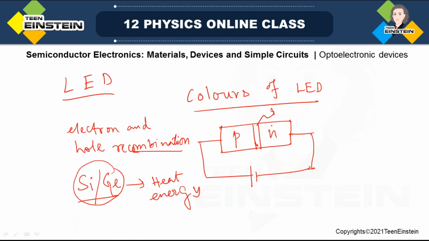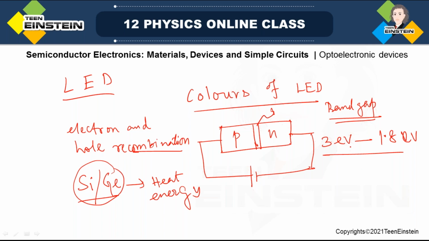So if you want to fabricate an LED, you have to keep some concept in mind: the band gap of the semiconductor material. This term, band gap, is very important. The band gap has to be within this range, 1.8 to 3 electron volts.